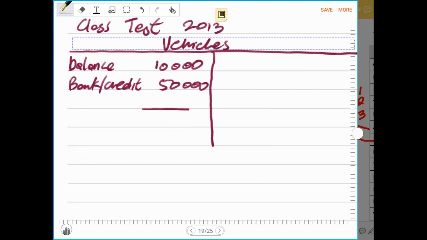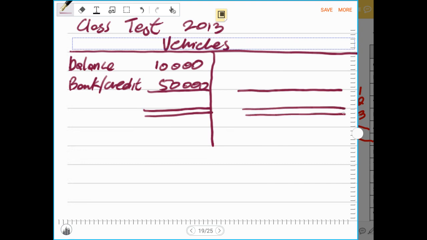And there was no further purchase of a vehicle during the current accounting period. So now from there we can just close off this account. Remember, there was no disposal of a vehicle. If no vehicle was disposed of or sold during the year, then we can just balance our ledger account.